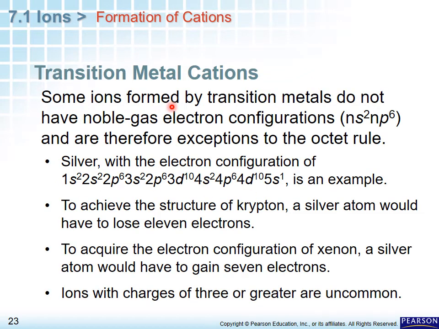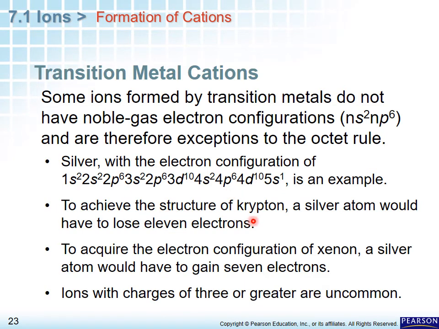Some ions formed by the transition metals do not have a noble gas electronic configuration, ns2 np6, and are therefore exceptions to the octet rule, like silver. Silver, with the electronic configuration of 1s2, 2s2, 2p6, 3s2, 3p6, 3d10, 4s2, 4p6, 4d10, and 5s1, is an example.